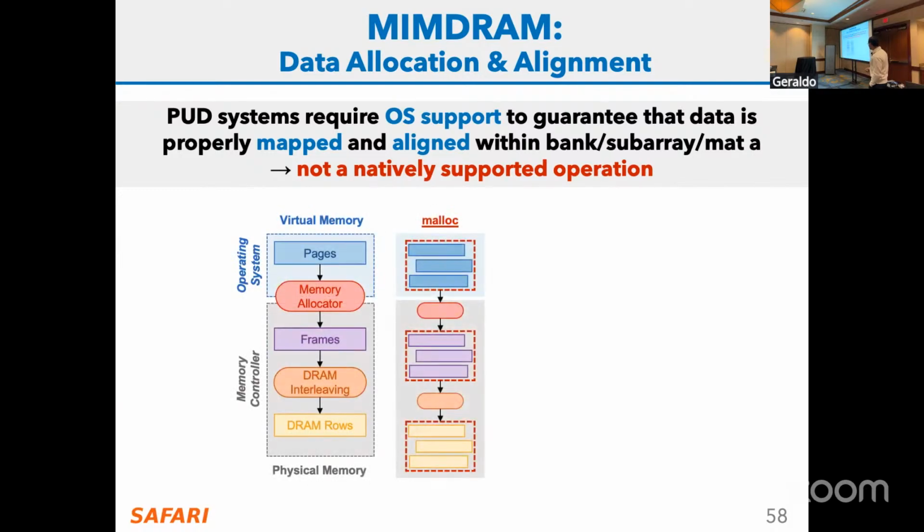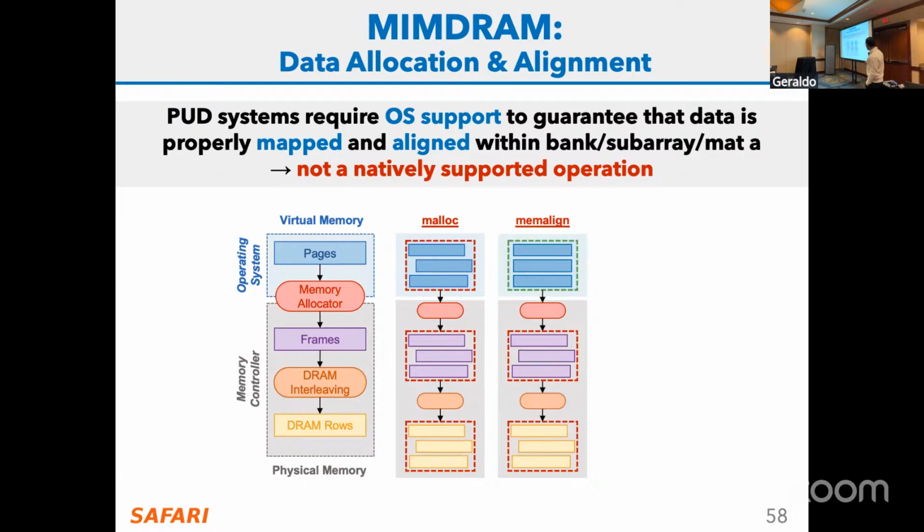This is because of the several layers of translation from a virtual page until we reach a DRAM row. Here we have different memory allocation APIs in the operating system. For example, we can use a malloc operation to allocate data. If you do a malloc operation, there is no guarantee that virtual pages are going to be aligned, nor that physical frames are going to be aligned, nor that DRAM rows are going to be aligned.